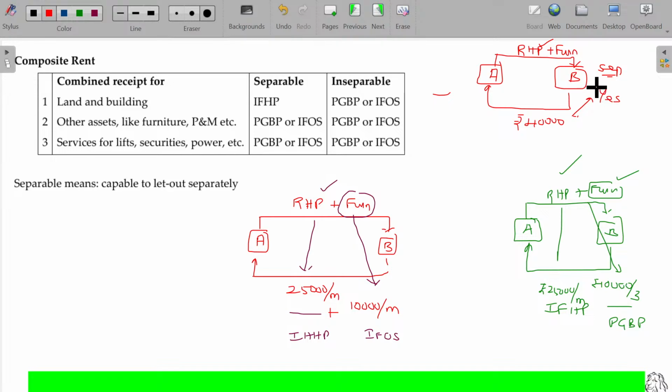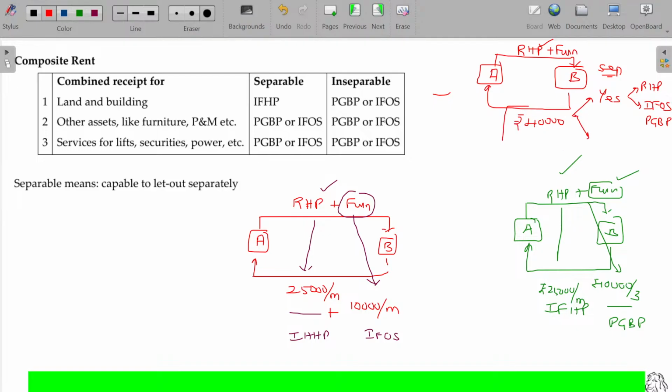Yes, sir. Yes, sir means you have to segregate the residential house property let out separately and tax it under income from house property. The other will be treated as either income from other sources or PGBP. No, sir. Letting out the residential house property and furniture separately is not possible.